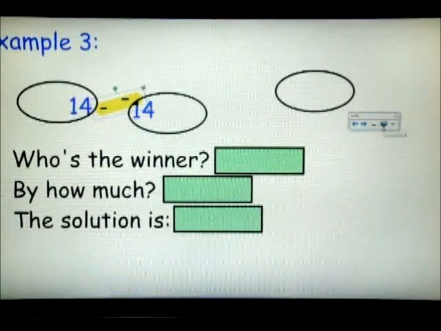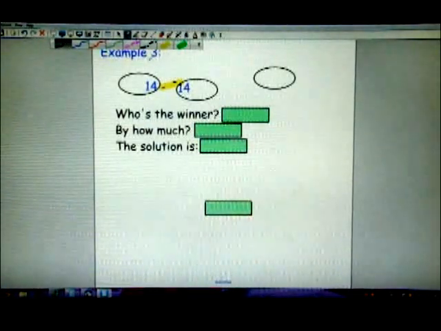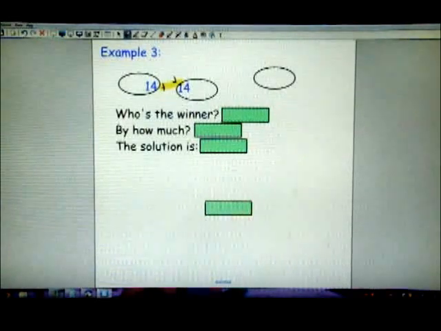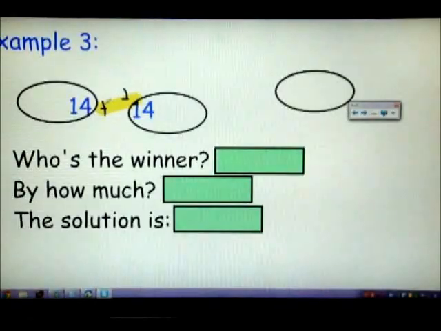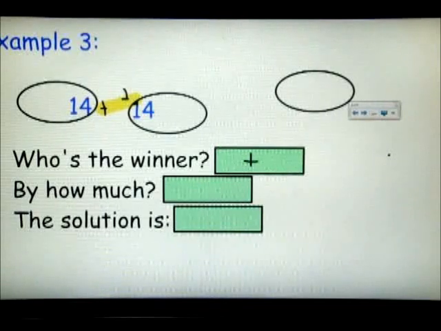So those are both positive, and the winner is going to be positive. When it says by how much, they're on the same team. So my answer is going to be 28.